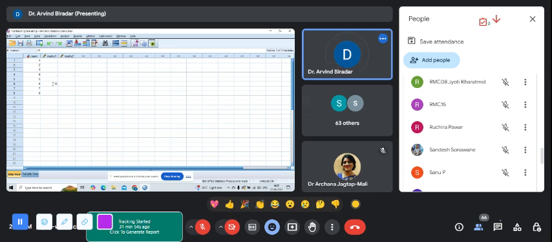The marks, we take out of 50. 35, 45, 31, 25, 19, 37, 41, 28.